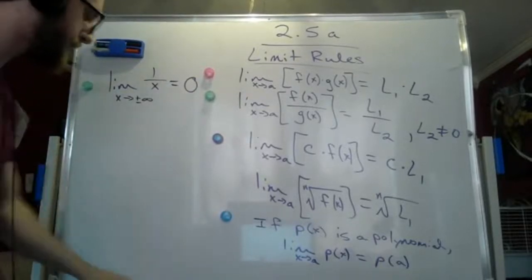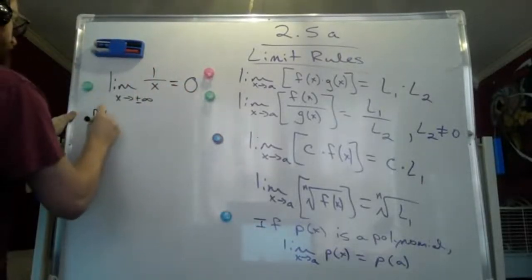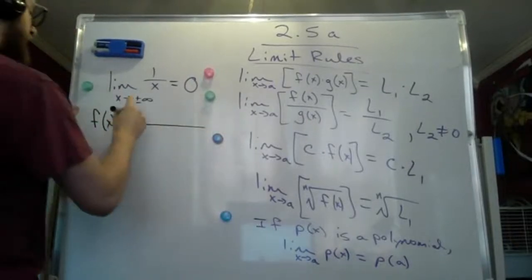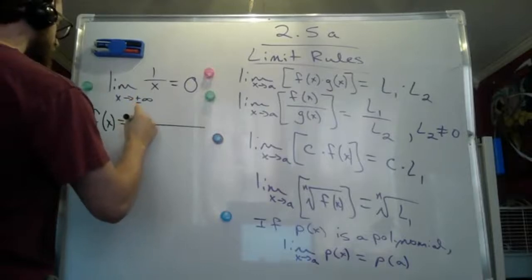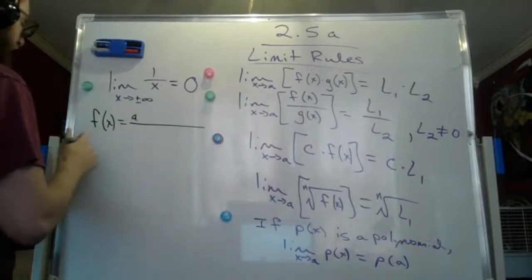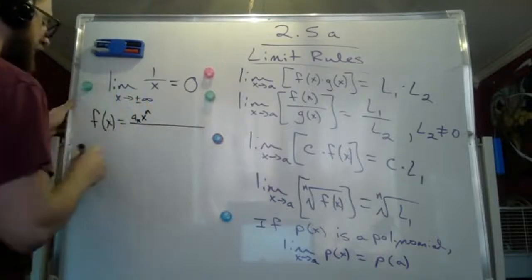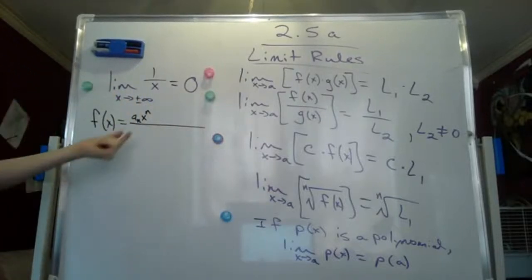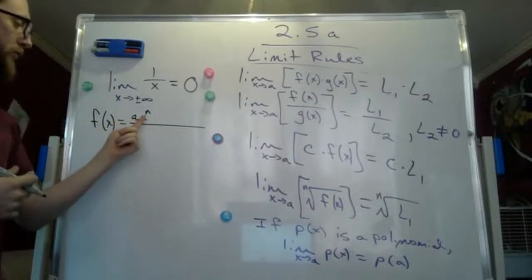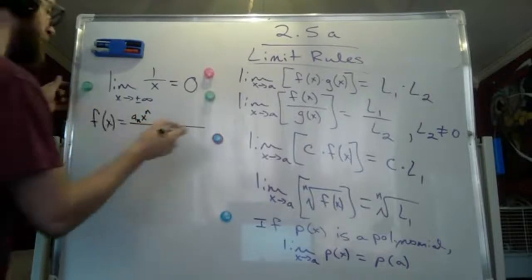Next, let's suppose we have a generic f of x, and this f of x is a fraction. In the numerator we have some constant a sub n times x to the n. Now, what does this mean? I'm just using this to enumerate, to say that a sub n is just some constant that goes along with this x to the n power. So nothing too fancy going on here.